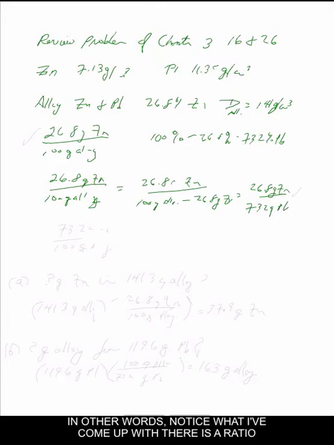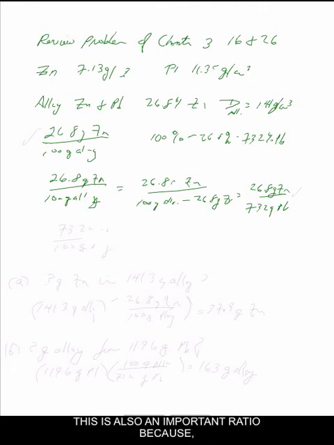In other words, notice what I've come up with there is a ratio between the zinc and the lead, which has also given me, of course, indirectly the percent lead in the alloy. So there's several different ways to make that deduction.